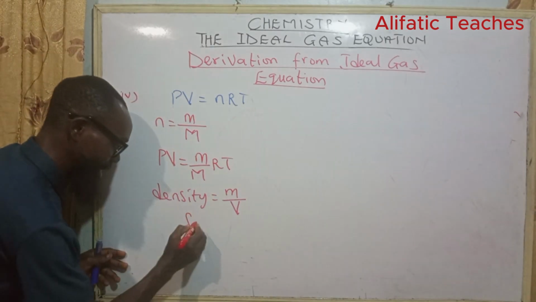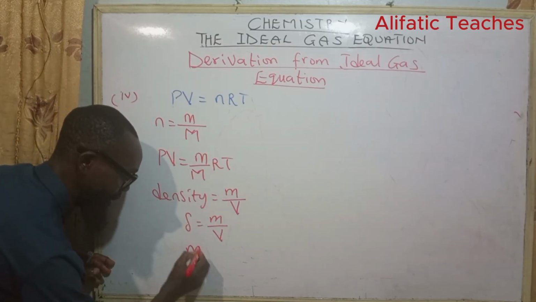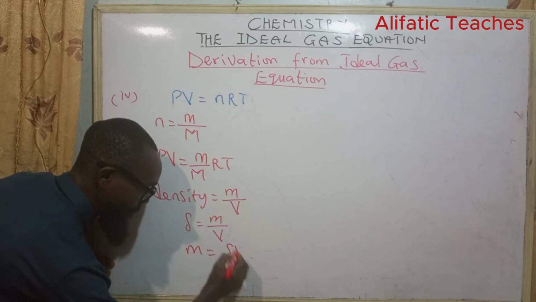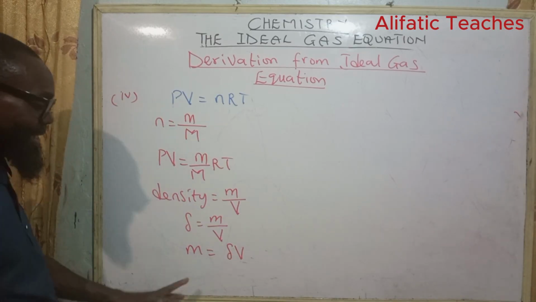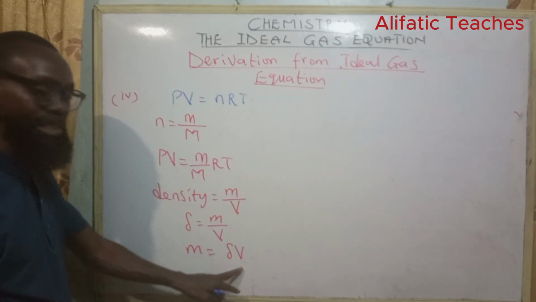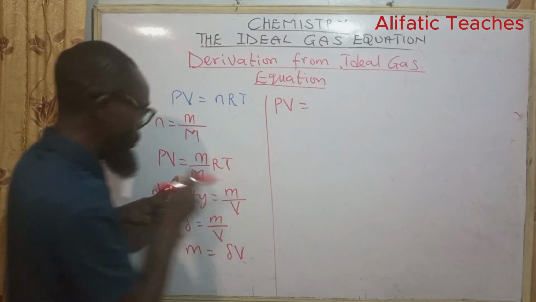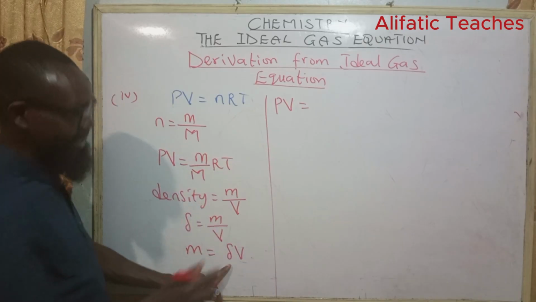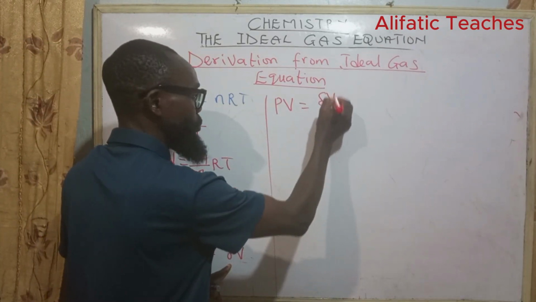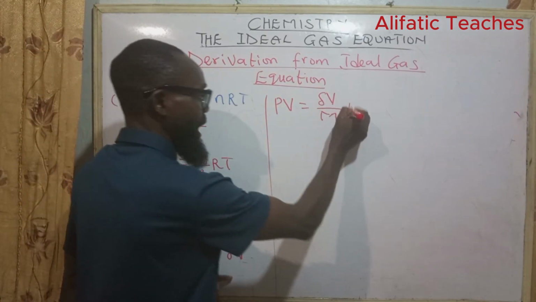So density equals mass over volume. Mass is now equal to density multiplied by volume. So anywhere I see mass in this case, I'm going to put what? Density times volume. My PV is equal to density times volume over molar mass multiplied by what?